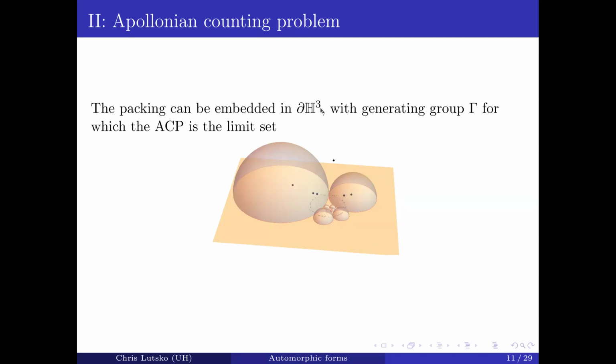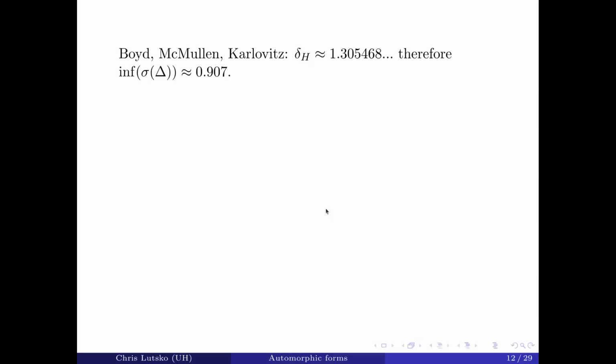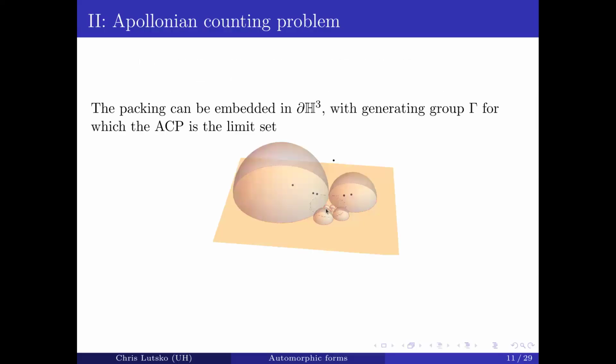What Alex Kontorovich has done is take a point, or I think he's taken 4 points here, and taken their orbit. And what you can see is that the packing is showing up as the limit set of this orbit.